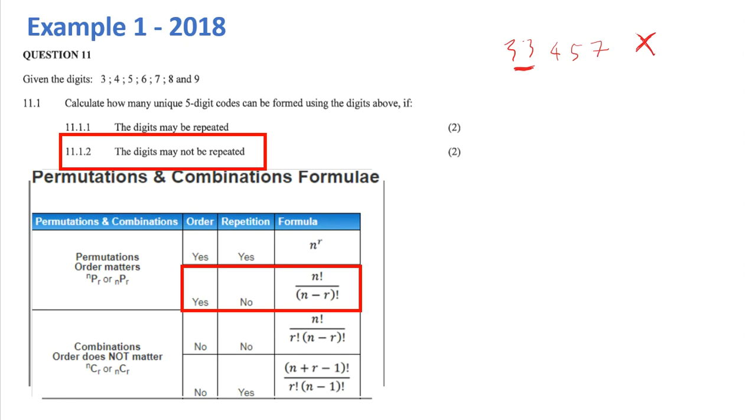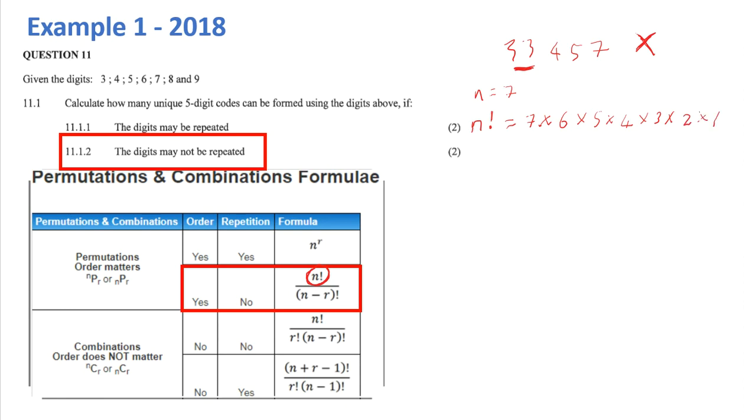How are you going to apply this second formula? I don't know if you know what this notation means. Keep in mind that n equals 7. What this means in essence is 7 multiplied by 6, multiplied by 5, multiplied by 4, multiplied by 3, multiplied by 2, times 1.